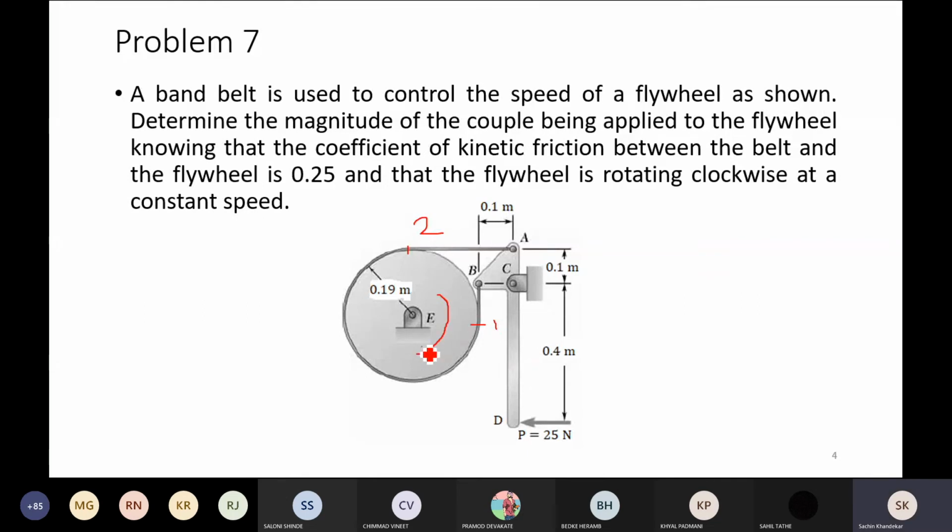The flywheel is rotating in which direction? Clockwise direction. Now can you tell which side will be the tension side and which side will be the slack side, whether 1 is the tension side or 2 is the tension side? See, the flywheel is rotating in clockwise direction. The direction of rotation is very important.